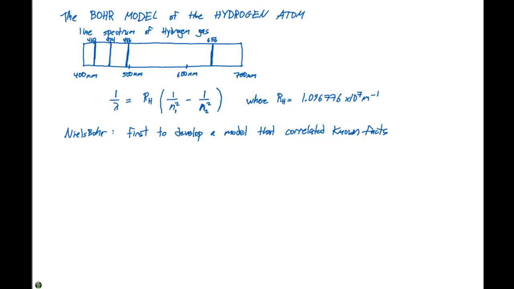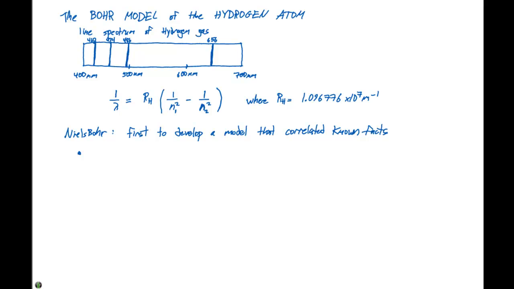And in 1913, he came up with his theory of the hydrogen atom, or what we refer to now as the Bohr model of the hydrogen atom. And I want to highlight a couple key points of this theory. What Bohr did is he related the lines of this spectrum to how the electrons orbit a hydrogen atom.